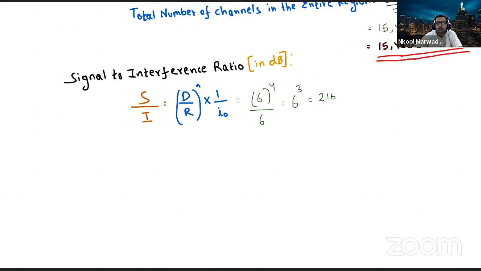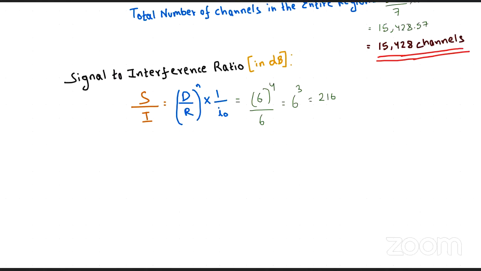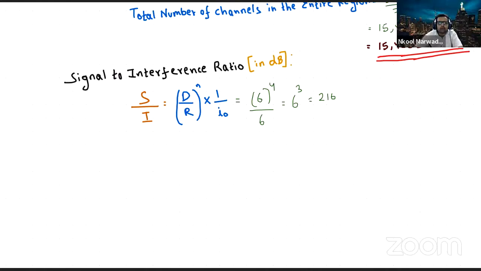Now we have to convert this pure S by I into dB. There is a formula for that, and please become aware of this very important formula.